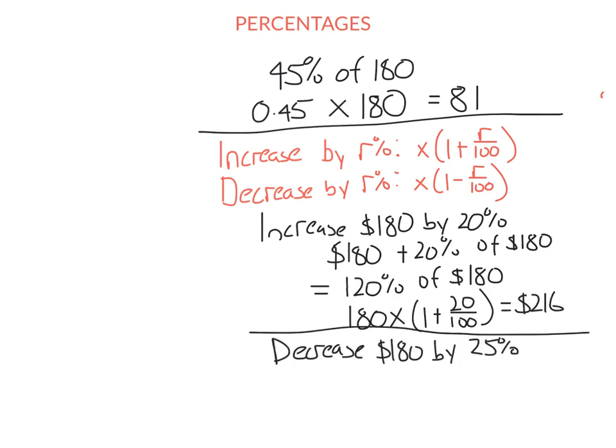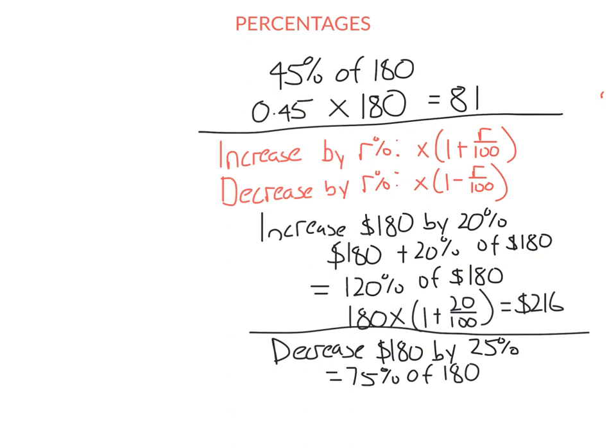And if I put that in my calculator, I'd get $216. So let's say now I wanted to decrease 180 by 25%. So this would be like, if your favorite video game was on sale for 180 and it was discounted by 25%. That means you're only paying 75% of the price. If I take away 25% of something, there's 75% left. So this is exactly the same as finding 75% of 180.